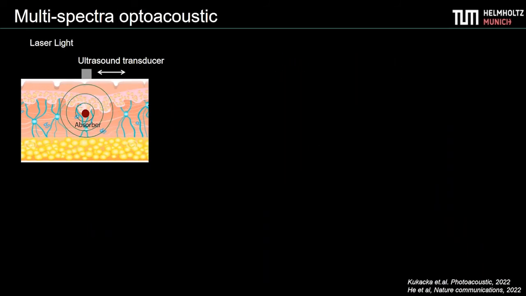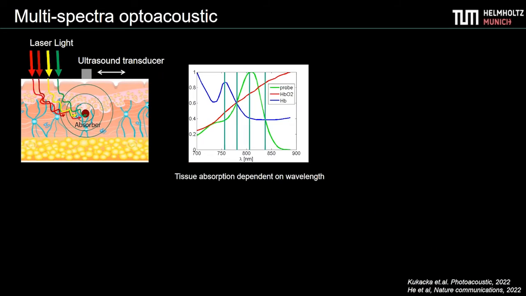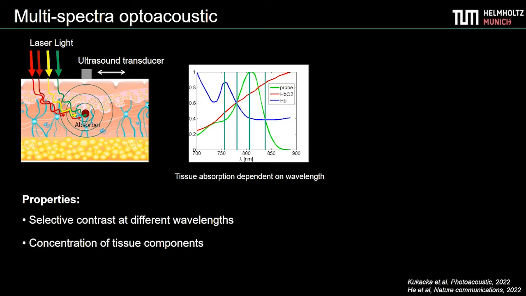Another important feature of optoacoustic imaging is the multispectral capability. Because the tissue's light absorption is dependent on the wavelength, by using multiple wavelengths to excite the tissue, based on the tissue absorption spectrum, we can selectively obtain contrast at different wavelengths. We can highlight specific chromophores based on the absorption peak, and also we can resolve the concentration of tissue components.